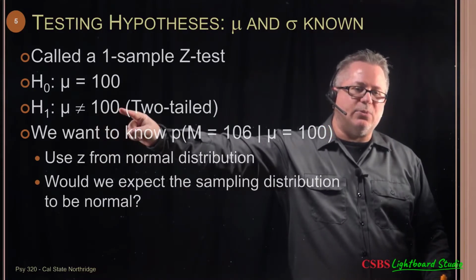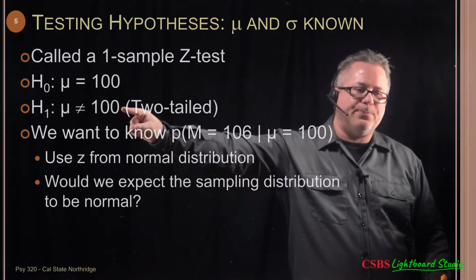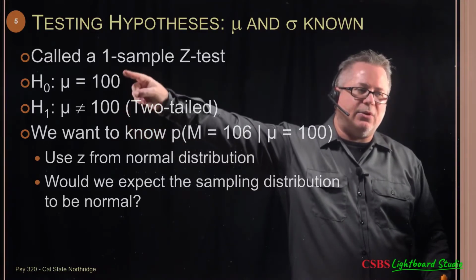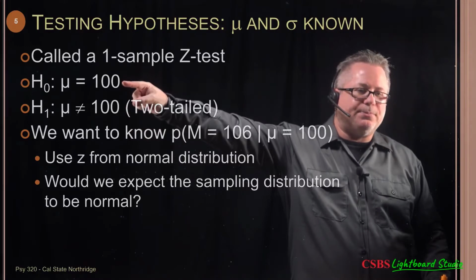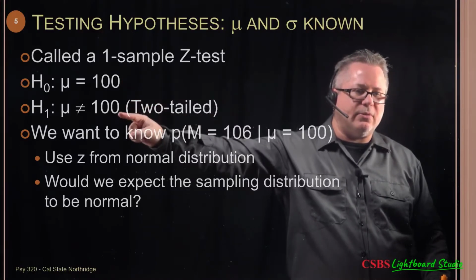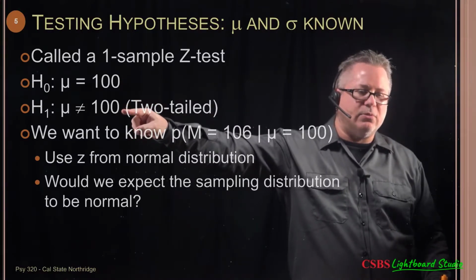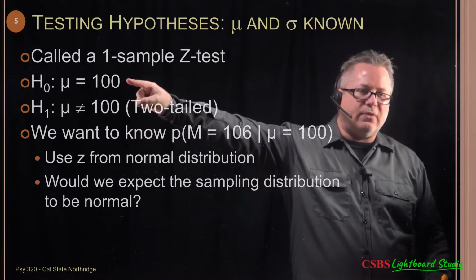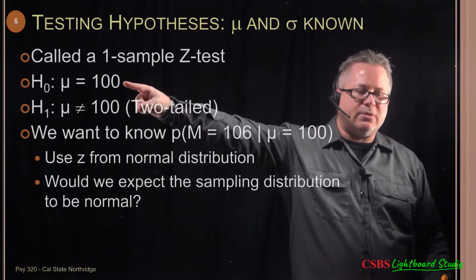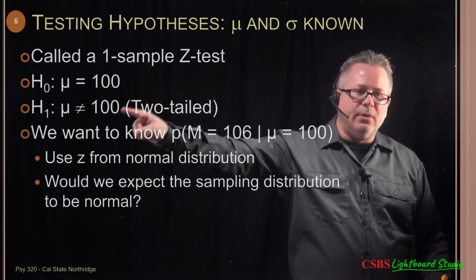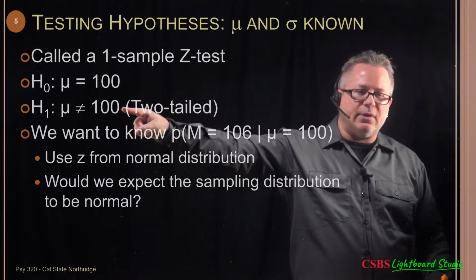It just doesn't equal the population value we have, the 100, which means the opposite, the null, is that it is equal. This one has the equal sign, this one has a range of values, not equal. So our null is that it's going to be the same as the population, mu equals 100, and the alternative is that it won't equal 100.